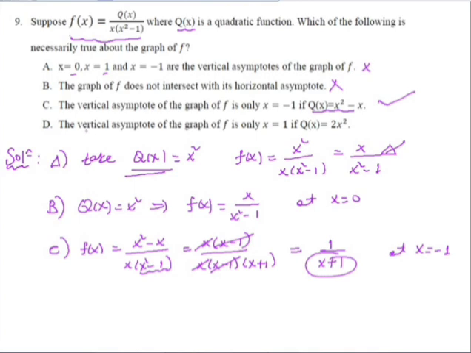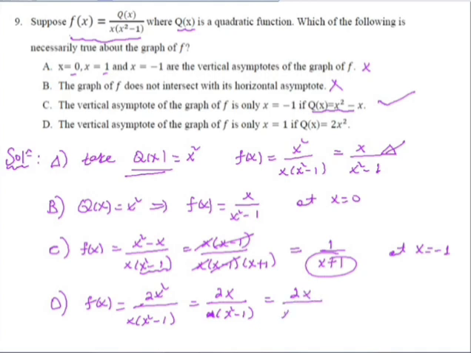The D case: the vertical asymptote of the graph of f is only x equals 1 if q of x is 2x squared. Let's check it. In place of q of x, substitute 2x squared over x times x squared minus 1. This can be simplified to 2x over x squared minus 1, which is 2x over x minus 1 times x plus 1.